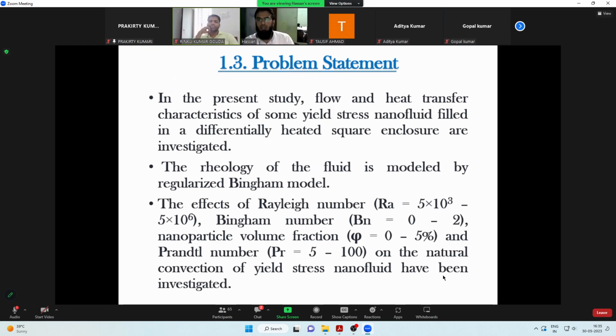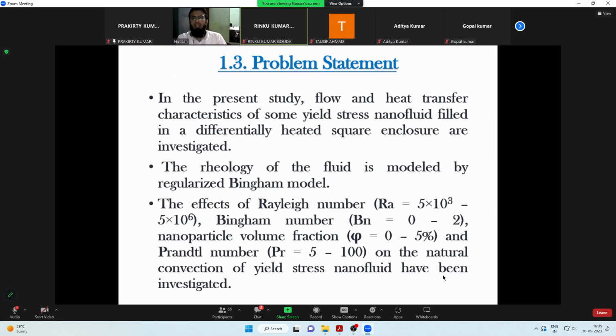Now, primarily, this is a case where we had a square enclosure, an enclosure of a square cross-section, filled with typical yield stress nanofluid, and it is differentially heated.